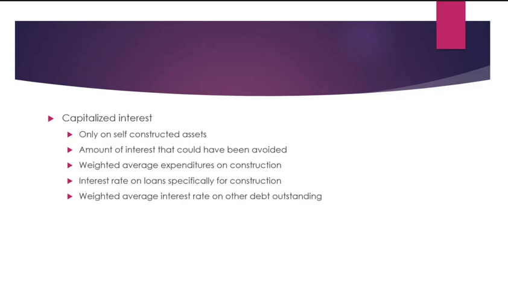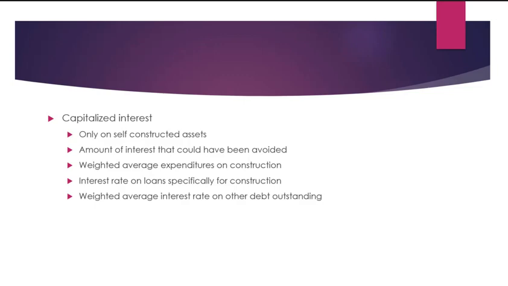The theory being that if you had not built this asset, you could have used the money you spent on that to pay off other debts. So we're going to use that other debt on weighted average, but only if our weighted average expenditures are more than the borrowing for specific construction.